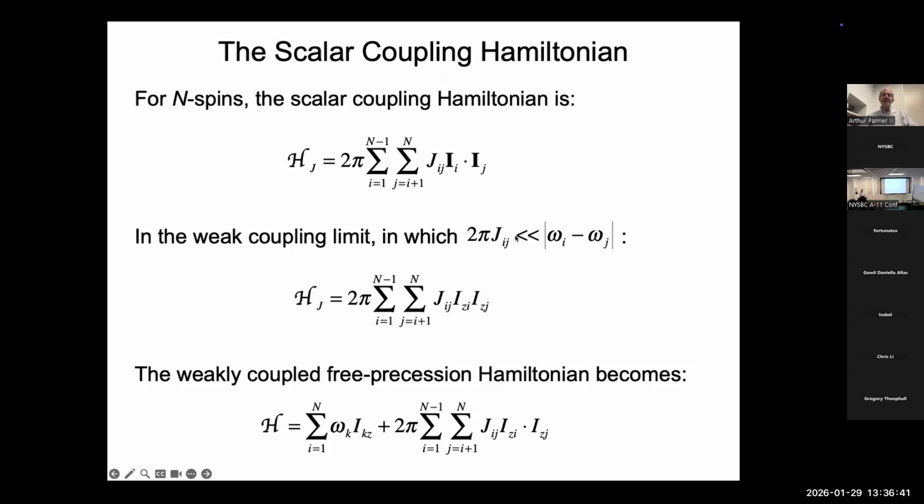So in what's called the weak coupling limit, if the coupling constants are much smaller than the difference in frequencies of the 2 spins that share the coupling, then we can throw away the X and Y parts of this dot product and just keep the 2 ZZ parts.